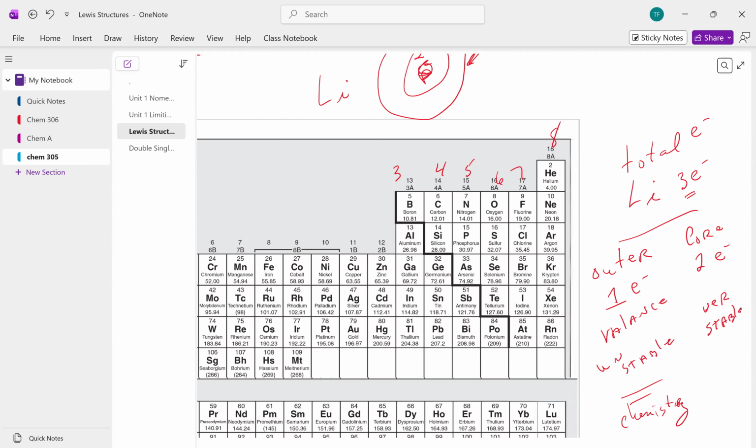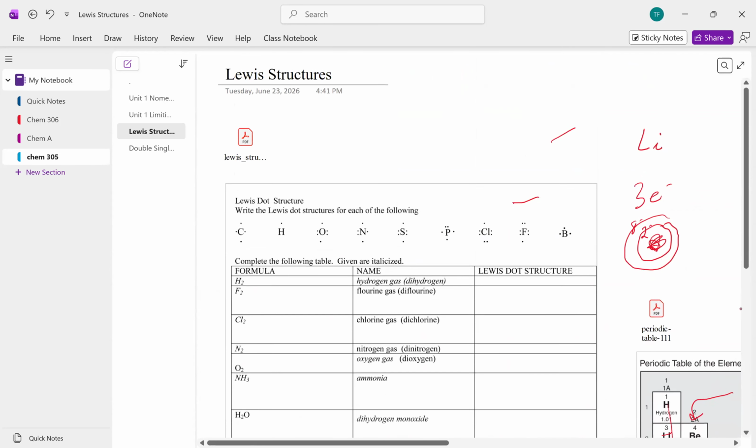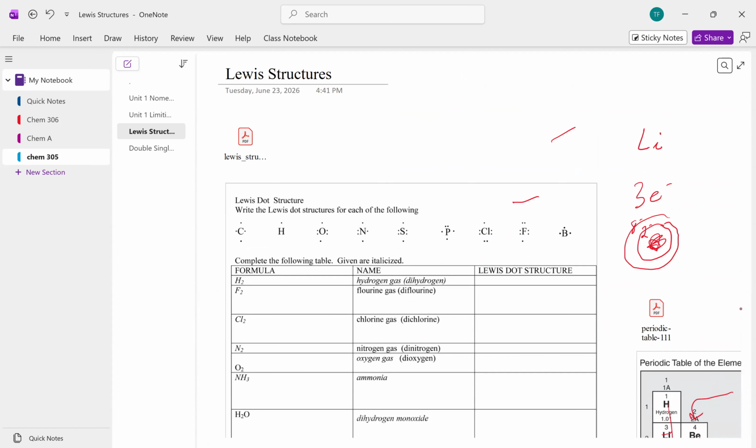Now, the reason why the chemistry happens is because the unstable valence electrons want to become more stable. So if we look at these guys, these represent the valence electrons. You need to know these.